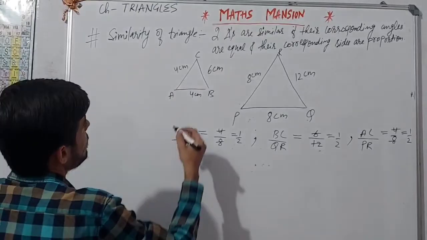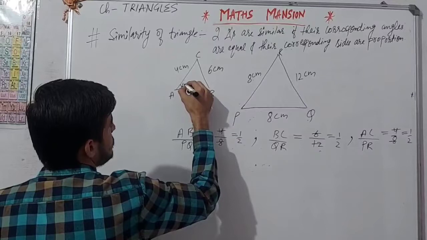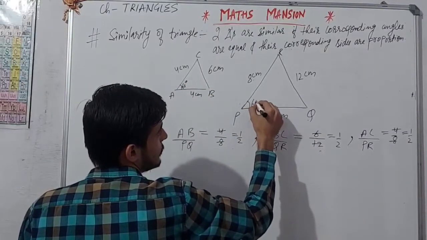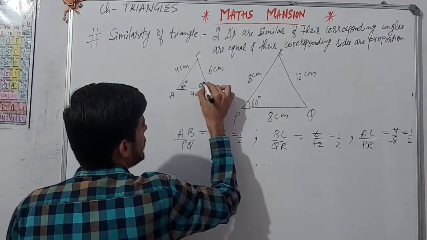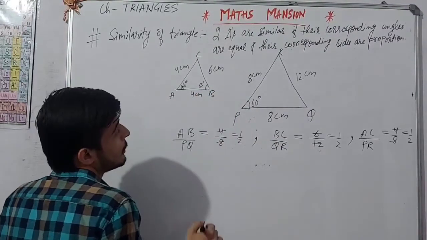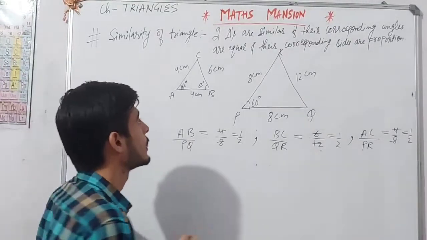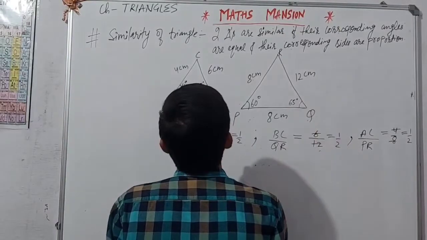And if I say that angle A is 60 degrees, then here also, to be similar, the angle should be 60 degrees. If I say this angle is 65 degrees, then for ABC to be similar to triangle PQR, here the angle also should be 65 degrees.